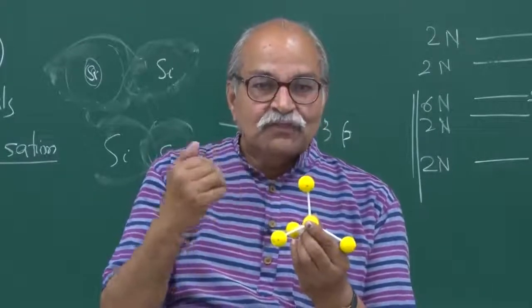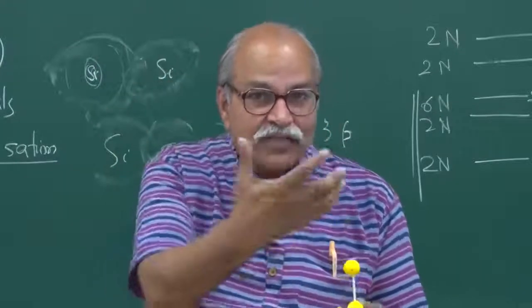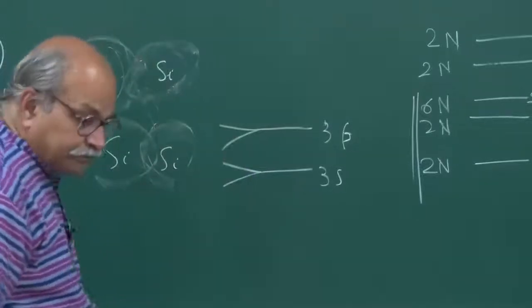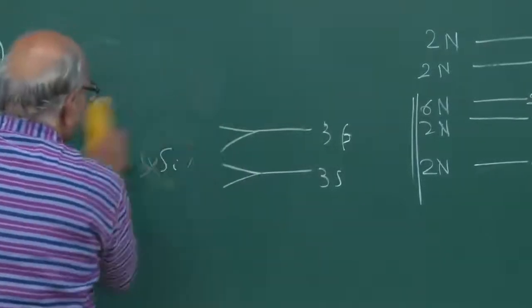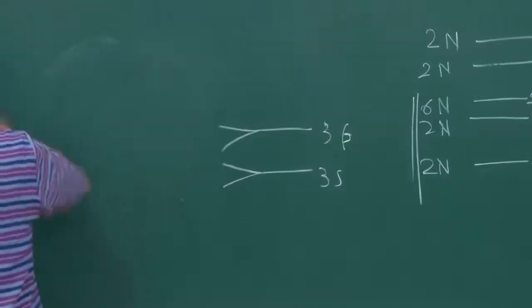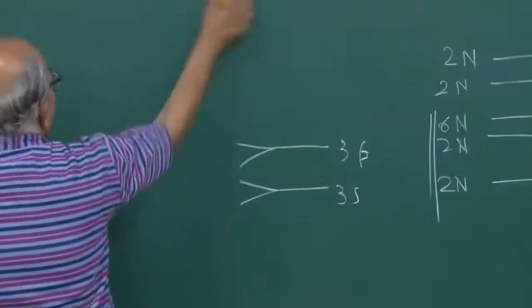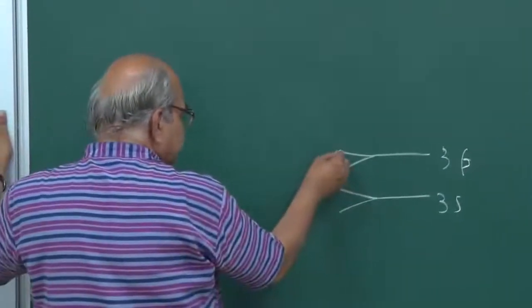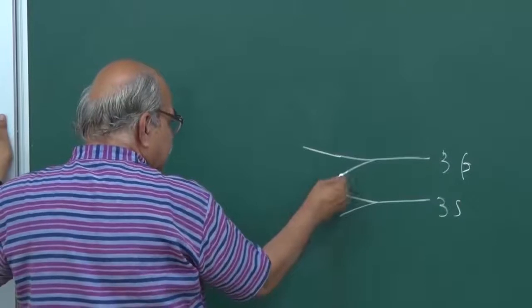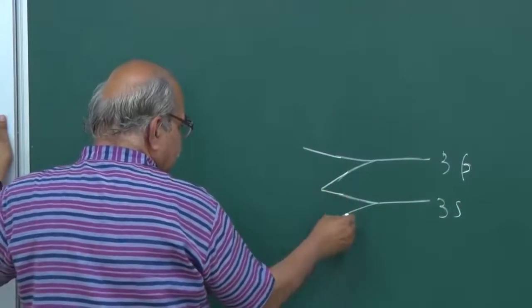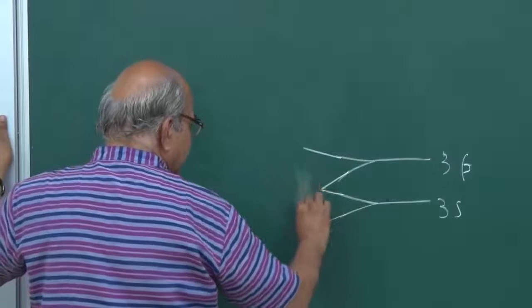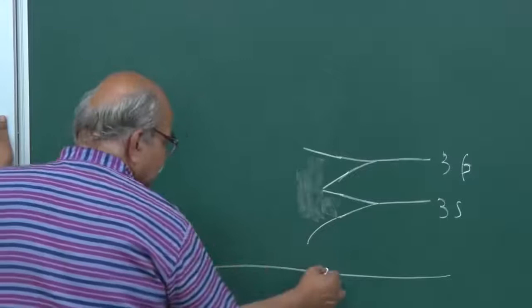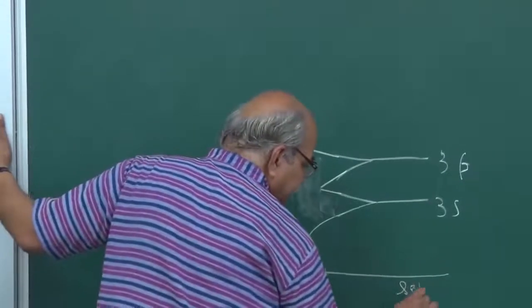So now the band structure will also be different. As you reduce the average separation between the atoms, this first broadens, gets mixed up.